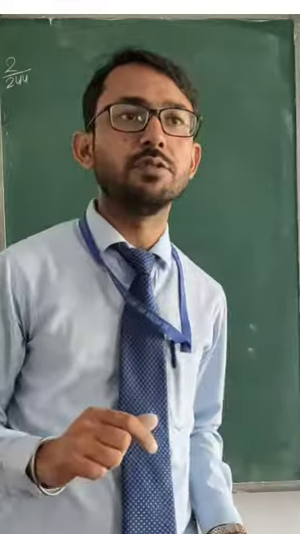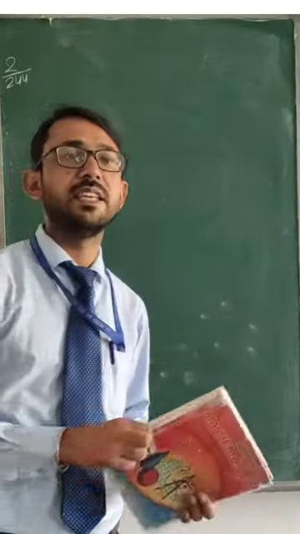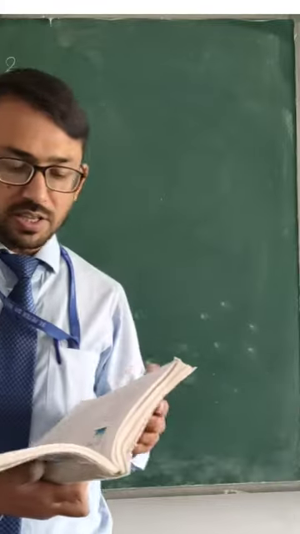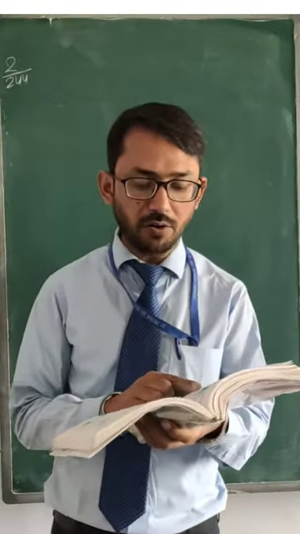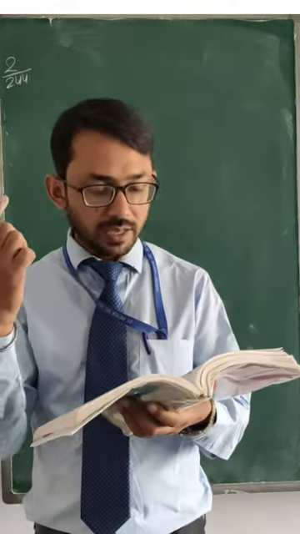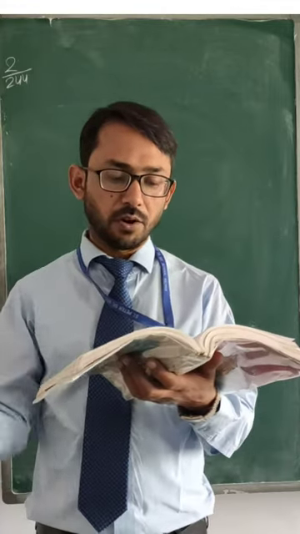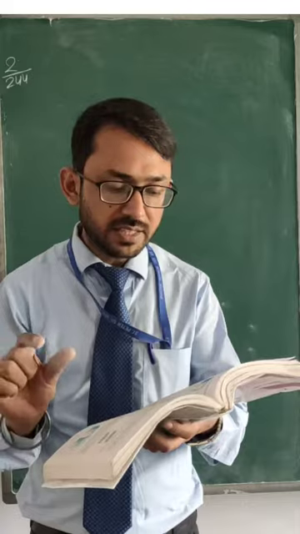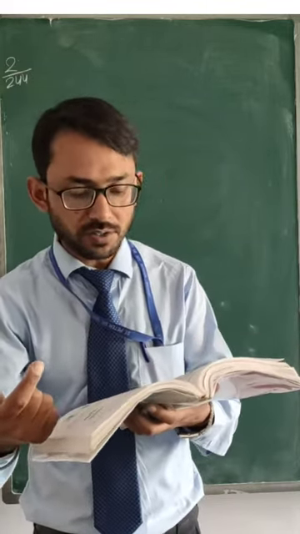Today we are going to do some of the questions from surface area and volume in that series. First question I am taking is question number 2 on page number 244. In this question it is asked: a vessel is in the form of a hollow hemisphere mounted on a hollow cylinder.